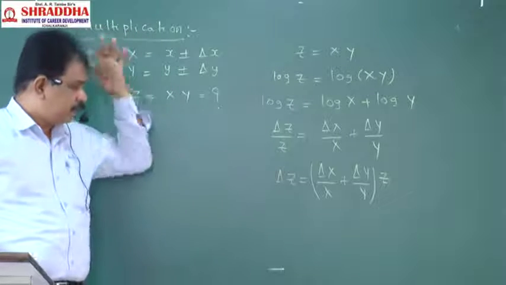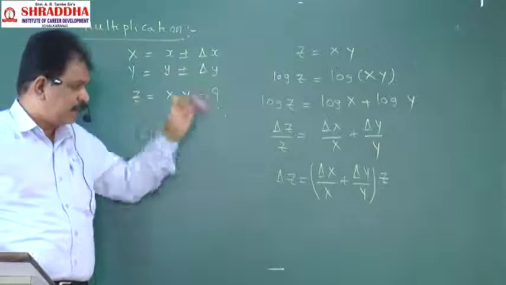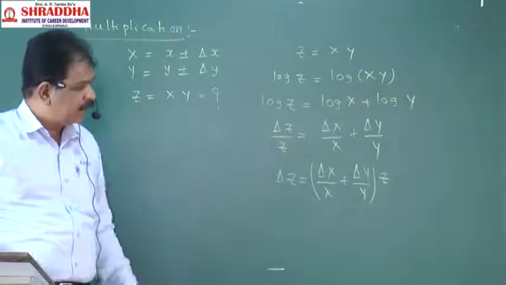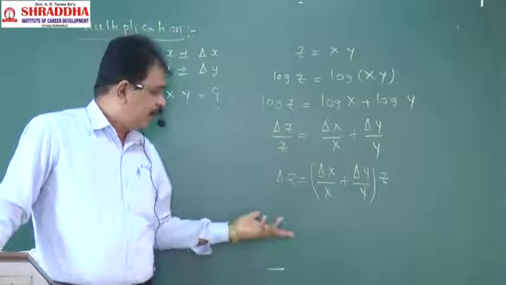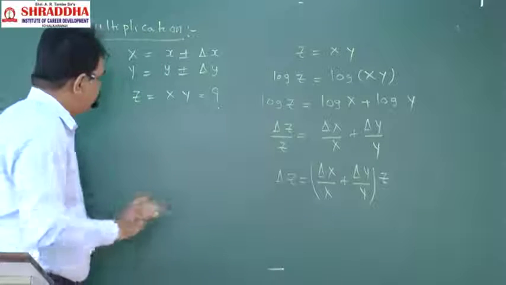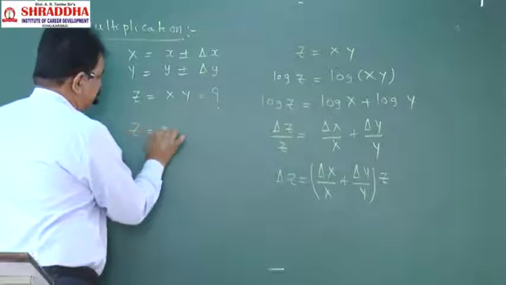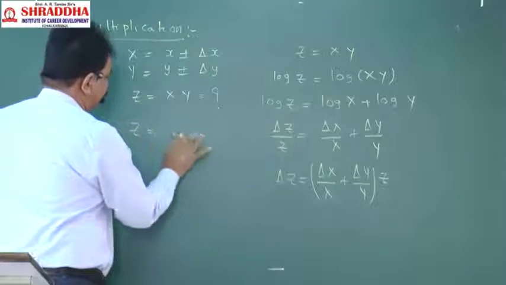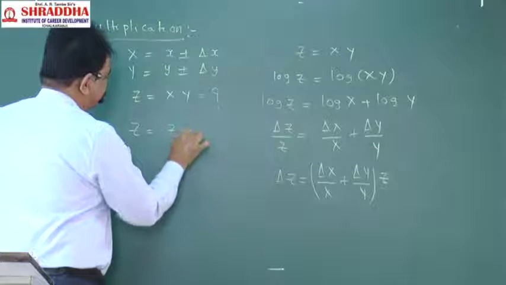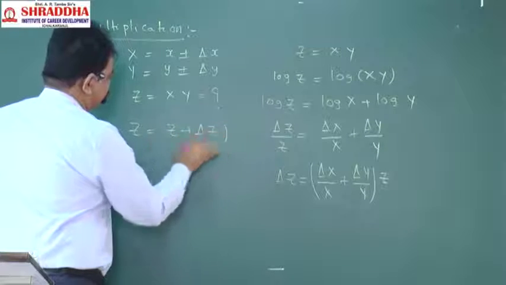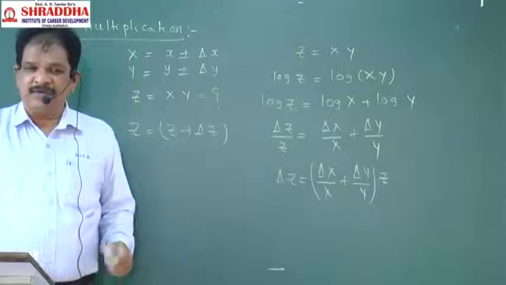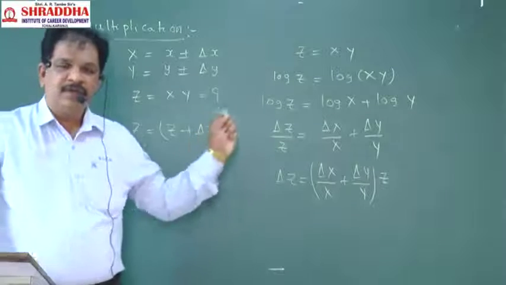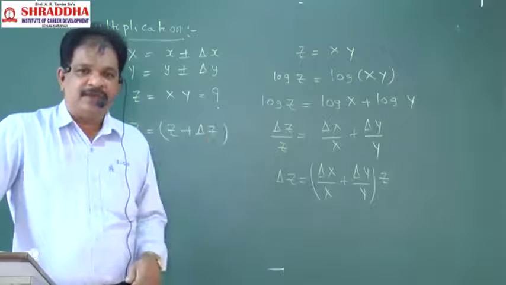Then finally the z value will be z plus or minus delta z. This is the value. We will take one example.